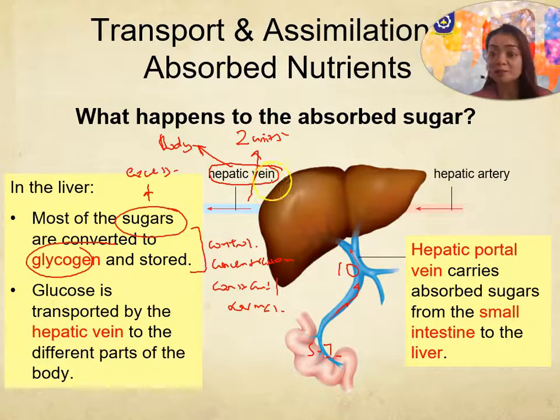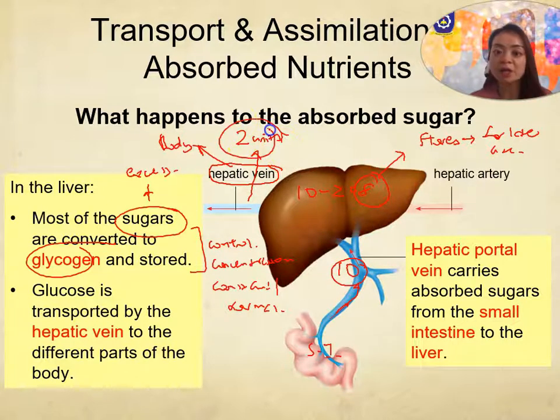So what the liver must do is get rid of this excess, but it doesn't get rid of it, it stores it for later use. So originally I started with 10, now I only have 2 because 8 has been stored as glycogen. This is what we mean by regulation. That means you are keeping the concentration level constant.